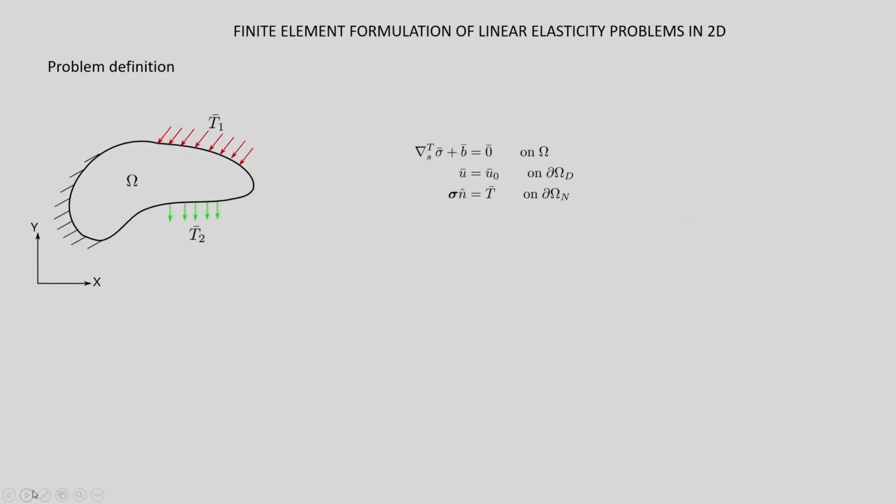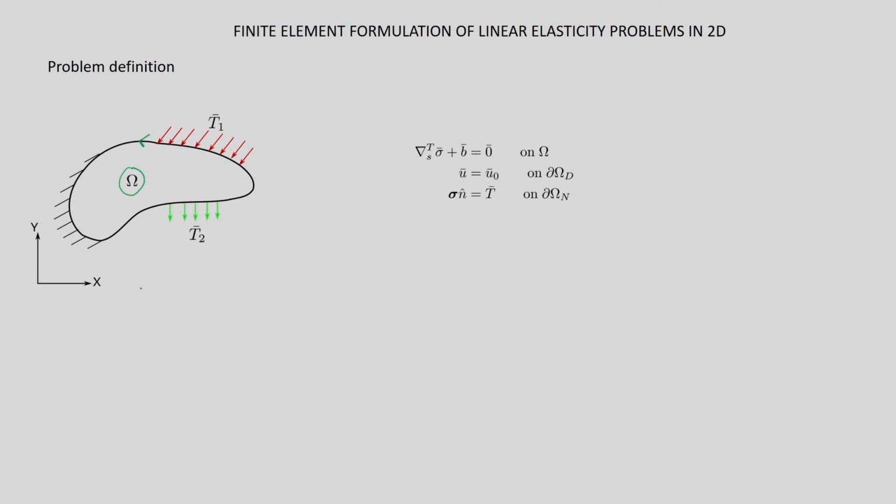So, now all the ingredients are ready. So, let us now define the boundary value problem. Alright. So, in a 2-dimensional domain, in this case I have shown an arbitrary shaped domain, omega, which is enclosed by a boundary, as shown in this figure, and so this domain is in the xy plane.